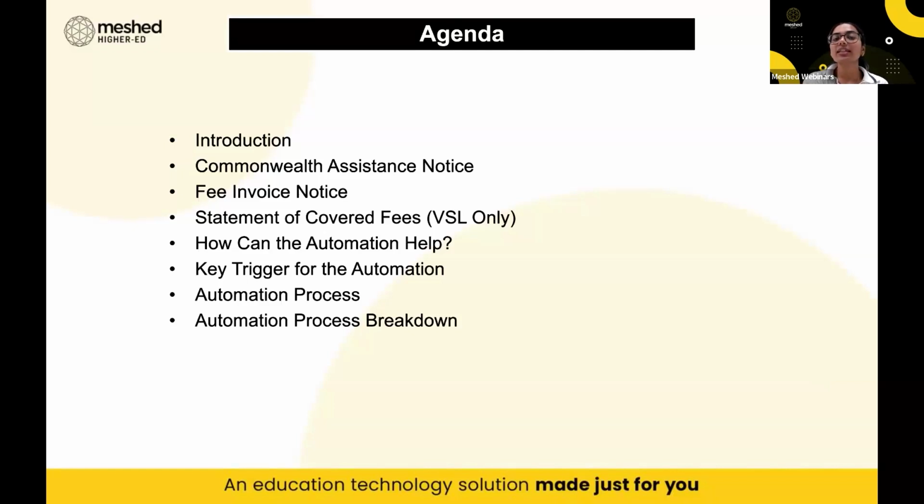We will then have a look at the CAN automation and will understand how this automation can assist the providers in maintaining compliance. There is also a key trigger point for the automation, so we'll explore that key trigger in detail and understand how that can be of help. And finally, we'll have a look at the automation process and understand the automation process breakdown step by step.